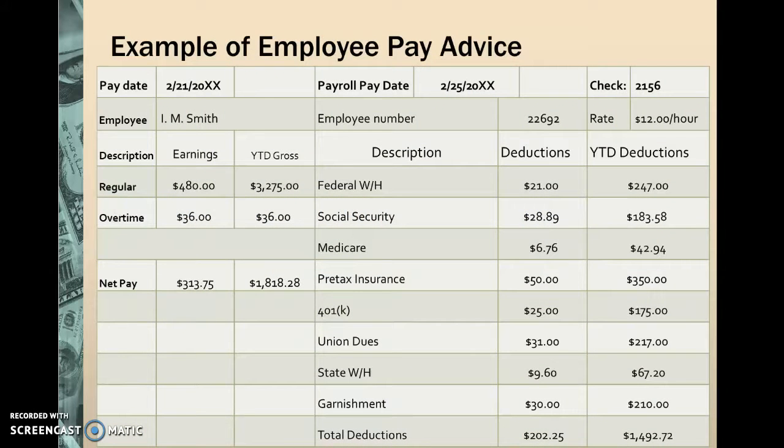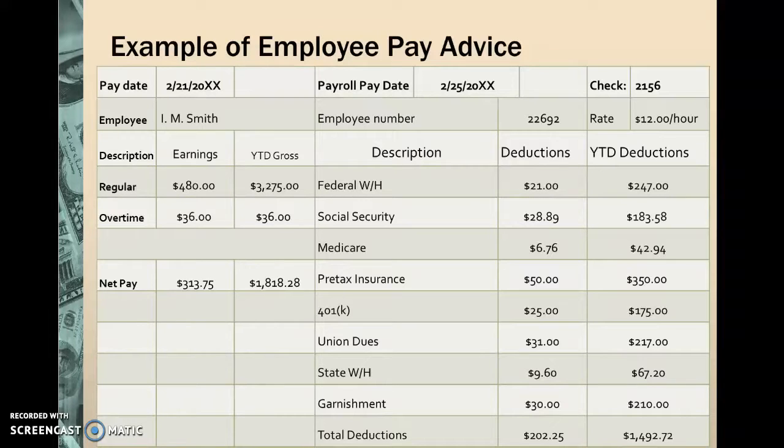So an example of that in regards to Mr. Smith, as you notice, we have his regular and overtime earnings, $480 and $36. Okay, and this is covered on page 128 in your book. His federal withholdings and then Social Security withholdings, and then Medicare withholdings. His pre-tax insurance is $50, 401k is $25, the union dues is 31, state withholdings 36, and garnishments. So his total deductions is $202.25.